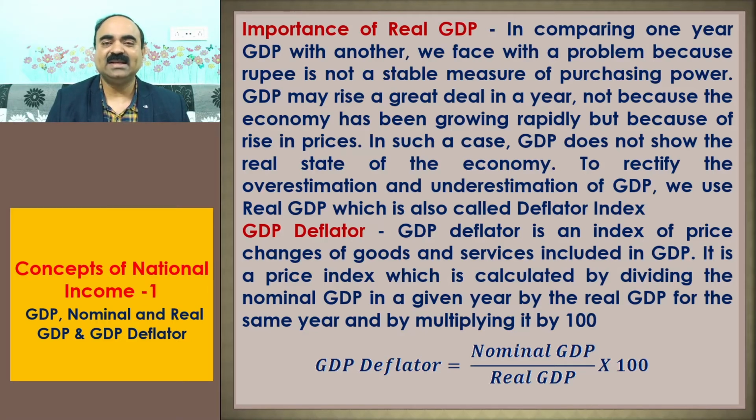In such a case, GDP does not show the real state of the economy. To rectify the overestimation and underestimation of GDP, we use real GDP, which is also called deflator index.